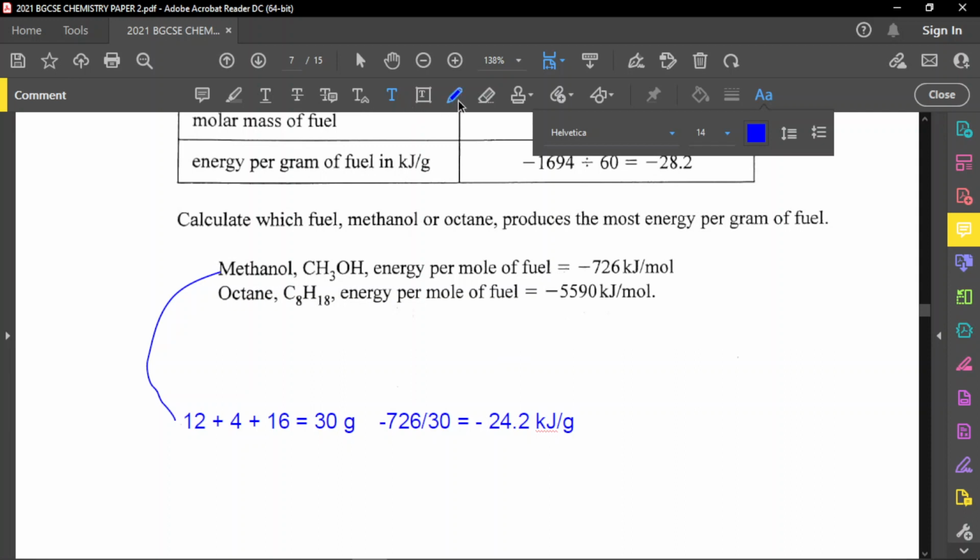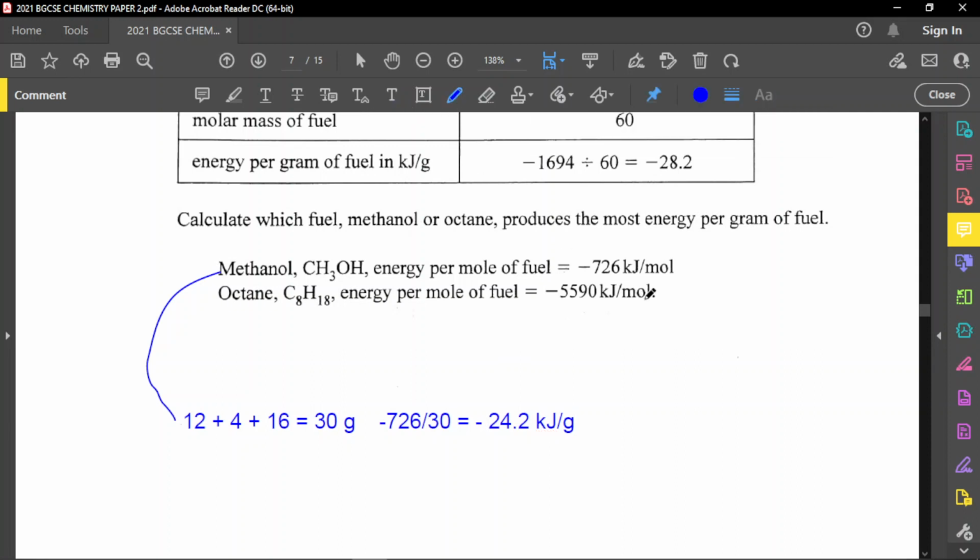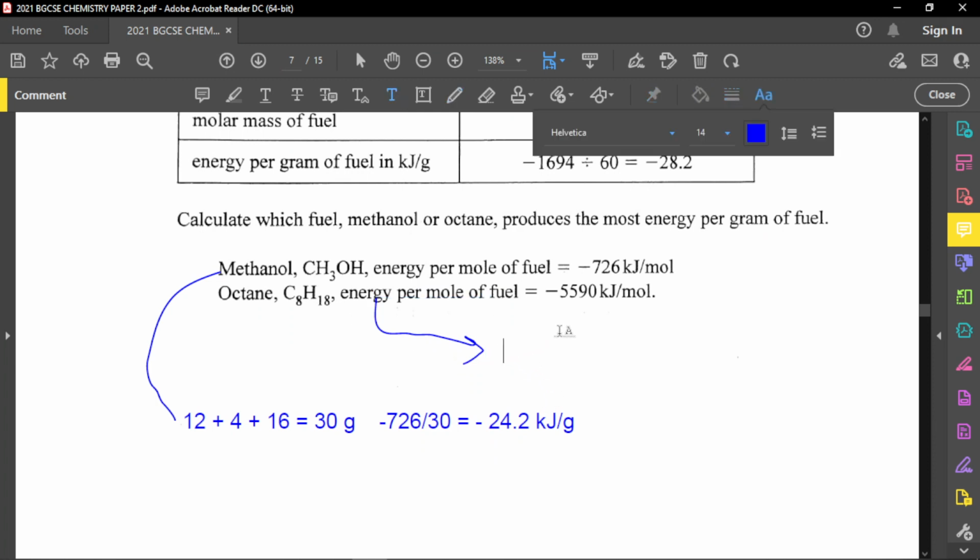Let's do the calculation now for octane. I'm going to do it on top right here, for the energy in octane. We're going to do the same thing. The mass number here: carbon is 8 carbons, so 8 times 12, which is 96.